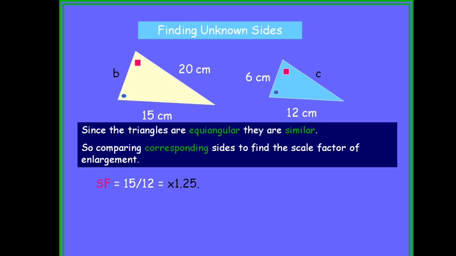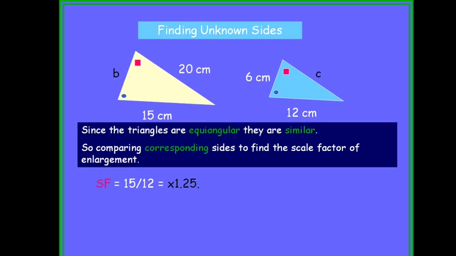One of the sides in the first triangle is 15 centimeter, while the corresponding side in the other triangle is 12 centimeter. So their ratio will give me 1.25. So this is the scale factor of enlargement in these two triangles.